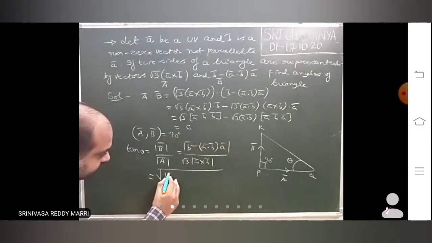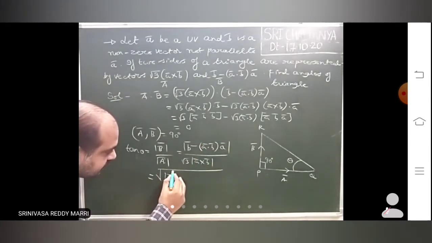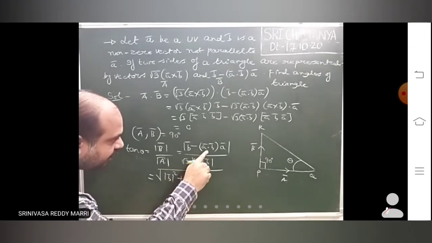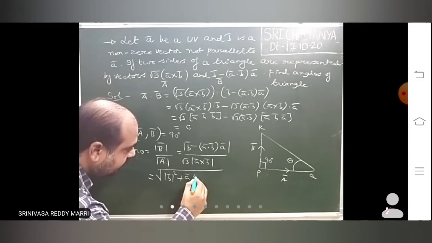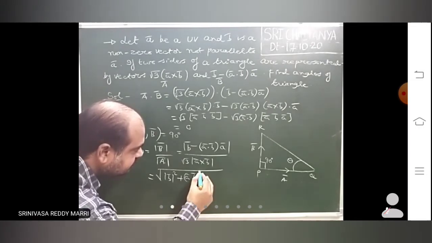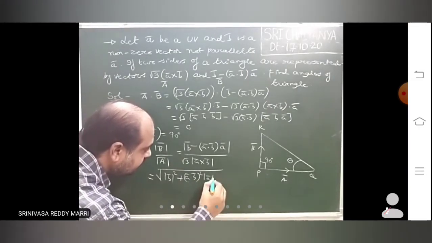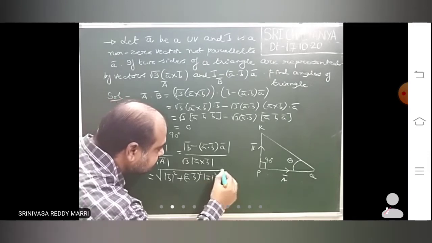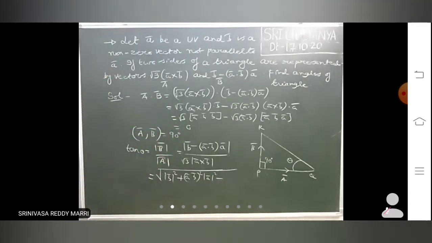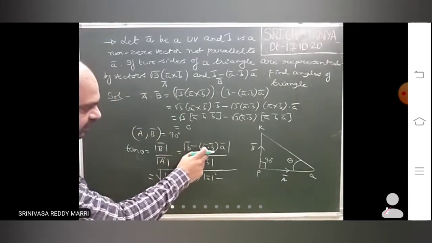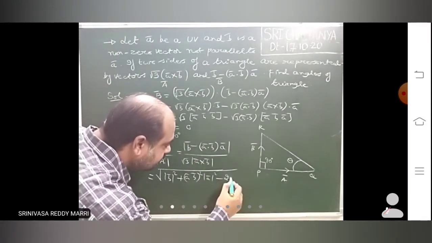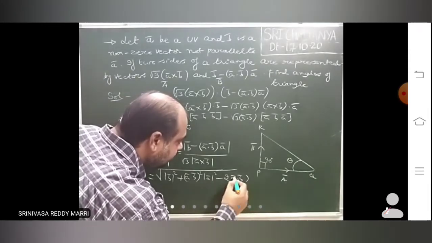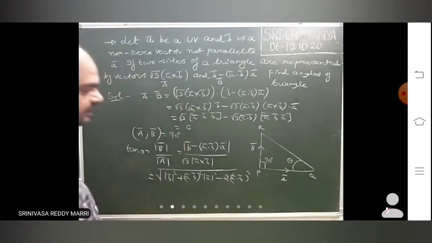Root of modulus A square plus modulus B square means this into this square. So A bar dot B bar whole square into modulus A square minus 2 into this dot this. This dot this means 2 into A bar dot B bar whole square.